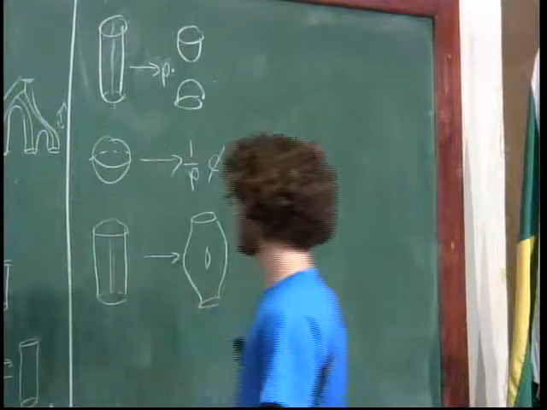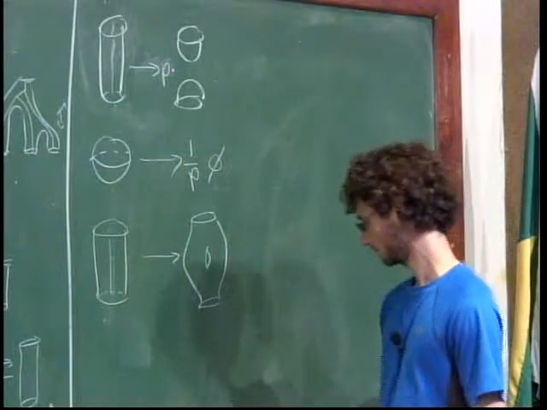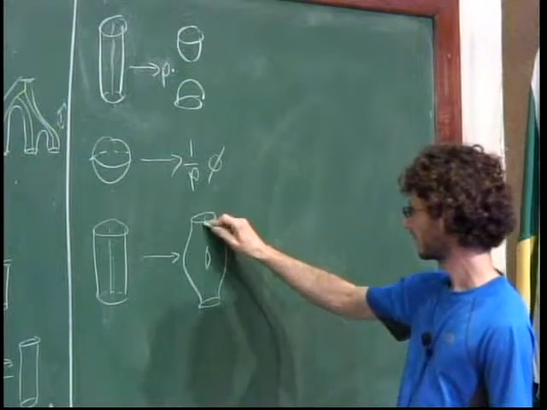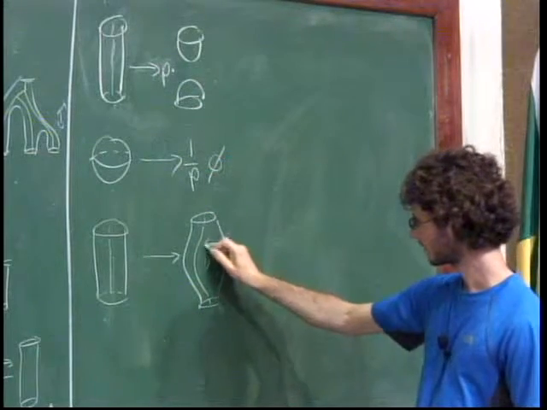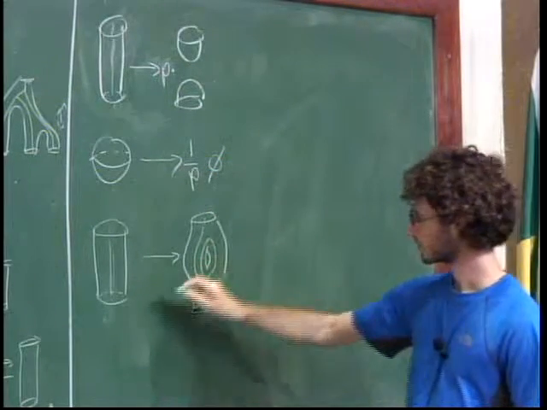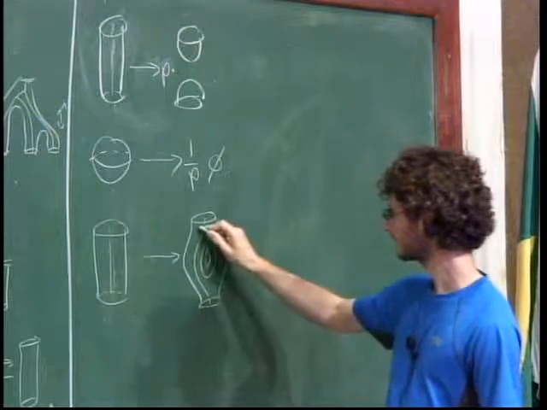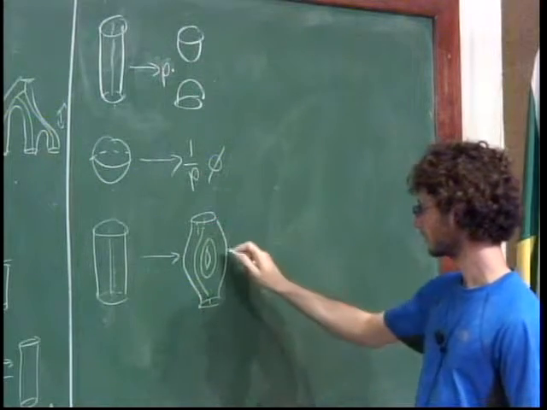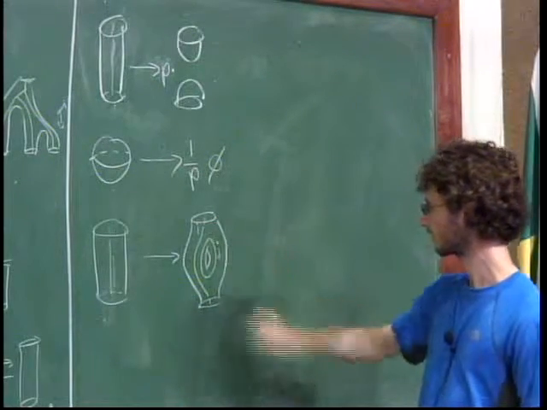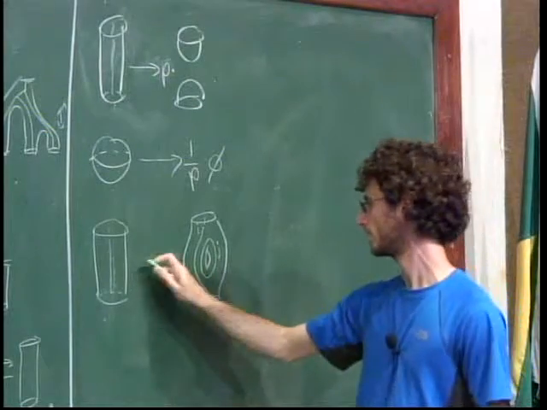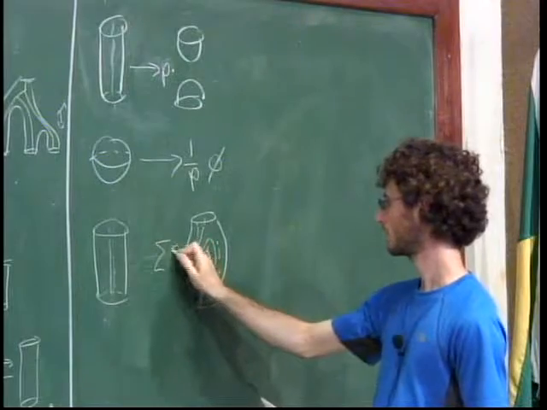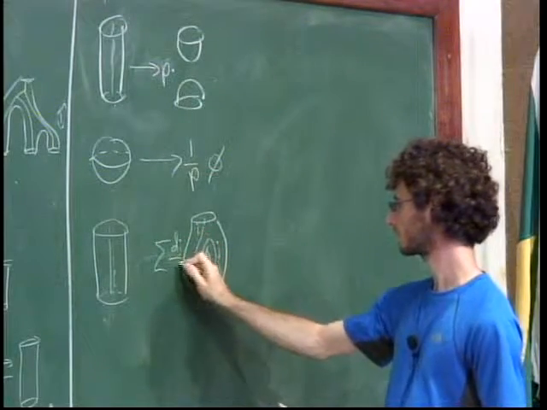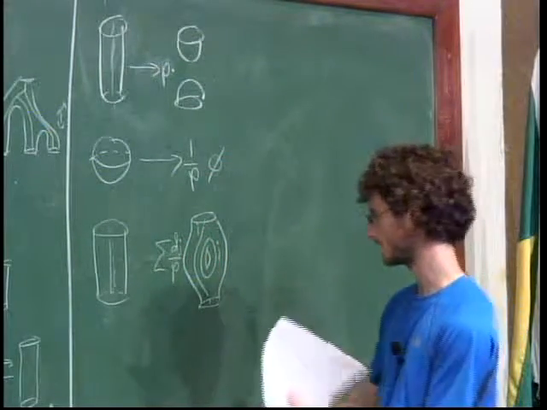Well, let me use color. That string still sits there, labeled I, but then I have some other string labeled J, and then I sum over the quantum dimension of the object J divided by P.